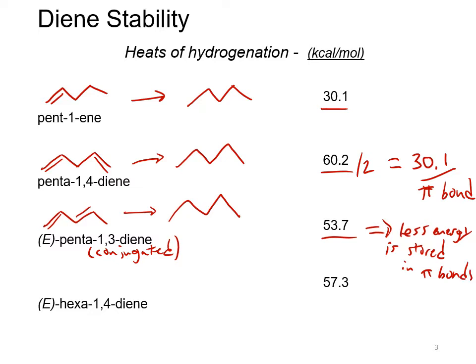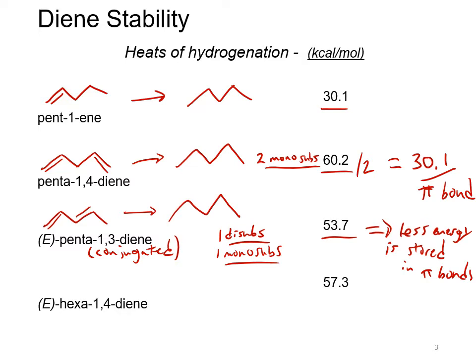But one argument you can make is that penta-1,3-diene has a disubstituted alkene and one monosubstituted, whereas penta-1,4-diene just has two monosubstituted alkenes. So maybe that's the only reason for this difference, because it's more stable.